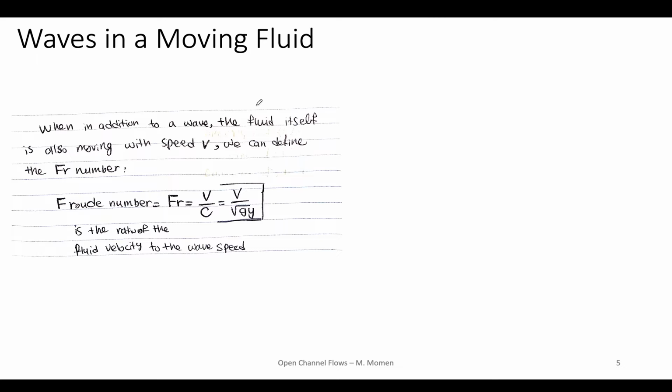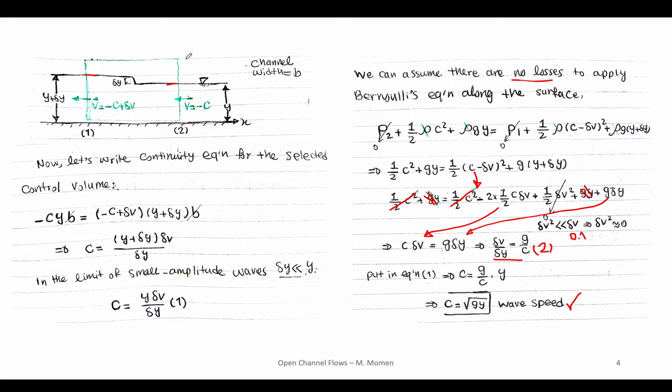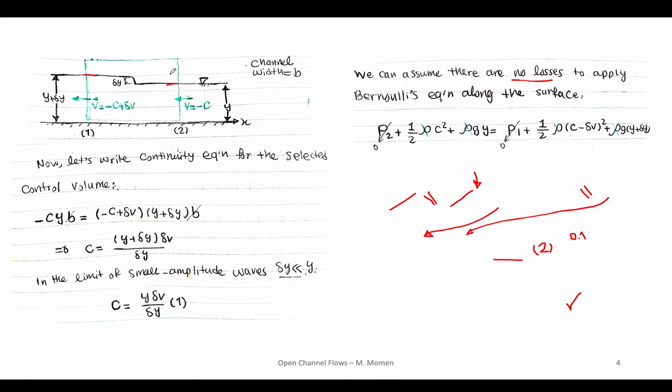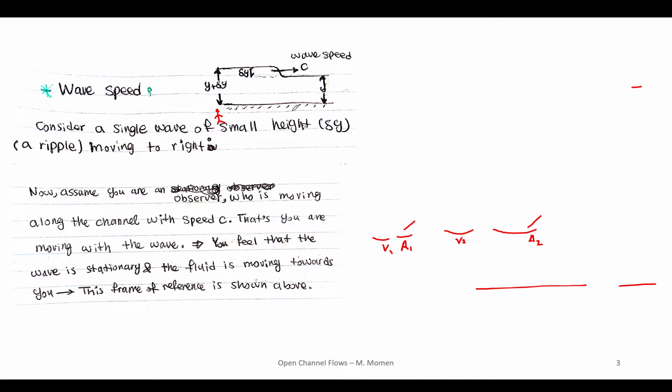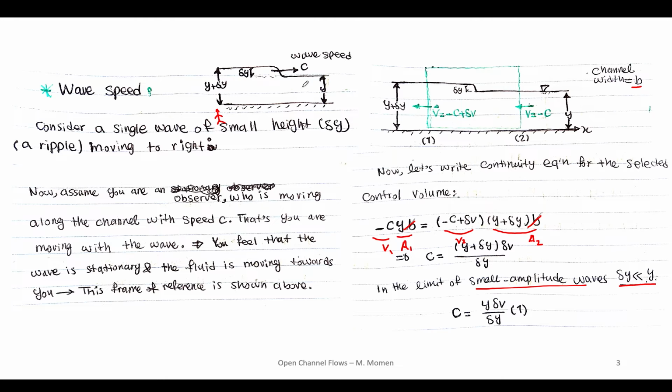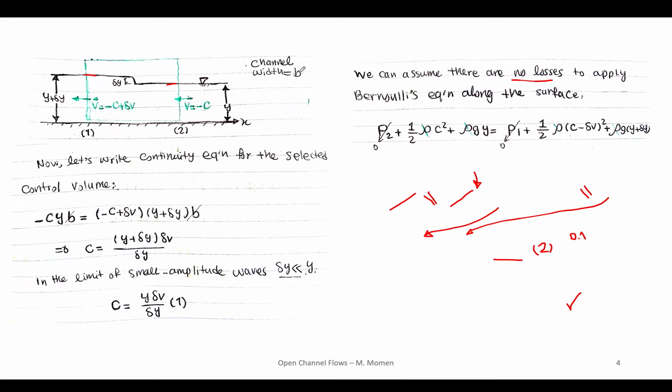So when you have waves in moving fluid, so here the fluid was constant, the fluid was not moving, right? The fluid was stationary and it was only the wave that was moving to the right. Let me show it again. So the fluid was constant and it was only the wave that was moving to the right.